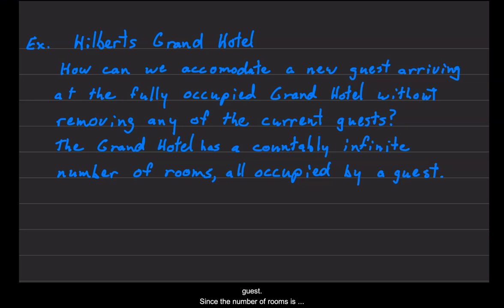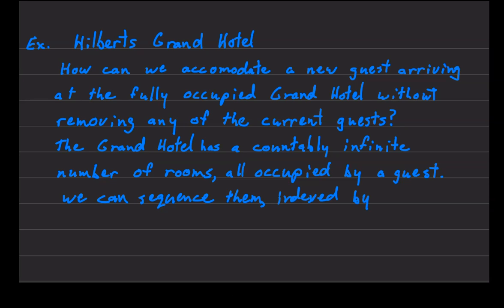Since the number of rooms is countably infinite, we can sequence them, indexed by our natural numbers.